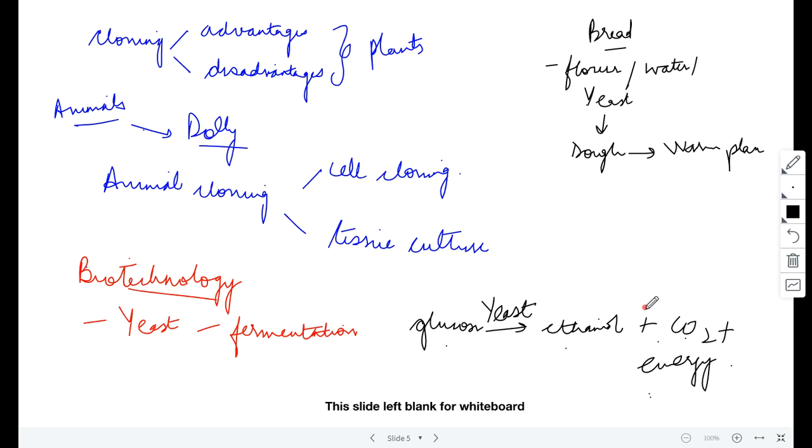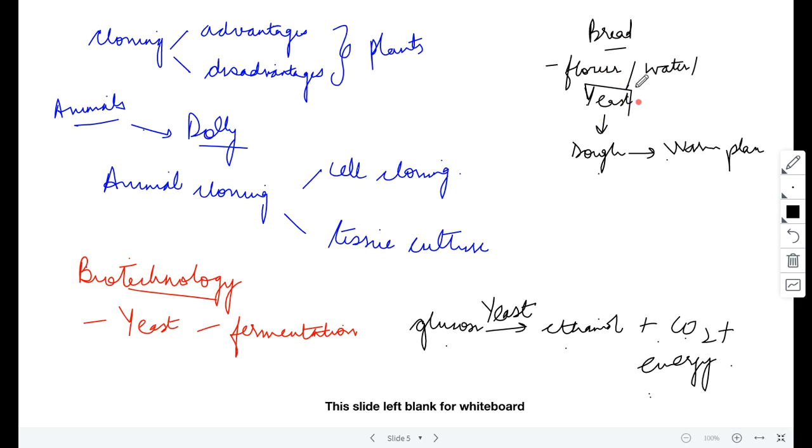So the yeast makes the dough rise. I'm asking, name the gas. Carbon dioxide. So basically, you take these three ingredients, you mix them, you make a dough, you keep it at a warm place. This yeast is going to act on the flour.